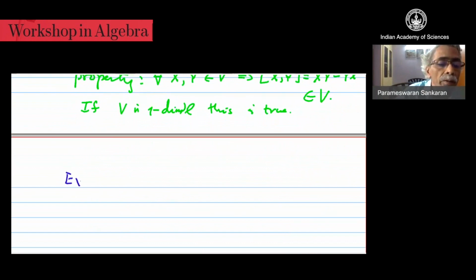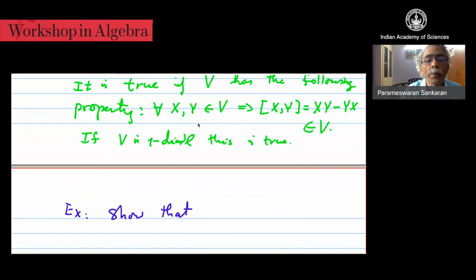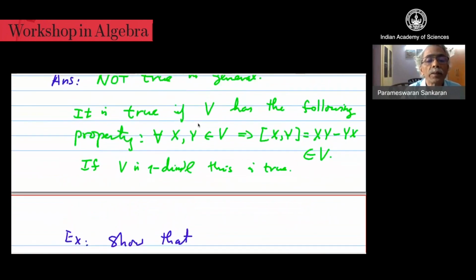Okay, exercise. Anything which satisfies this property has a name. V is then called a Lie algebra under matrix multiplication. Notice, we are not saying that XY by itself must be in V. We are not at all saying that. That's not even true.